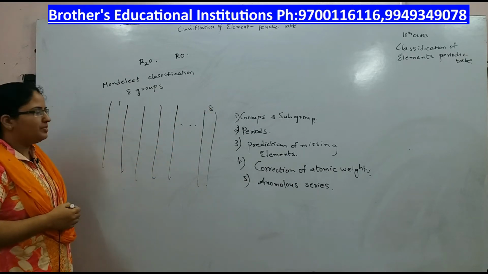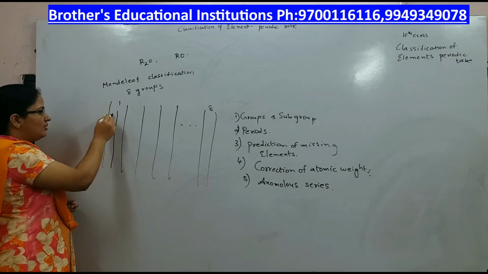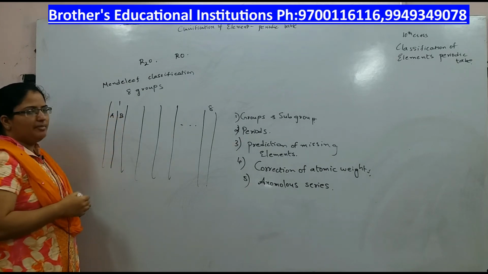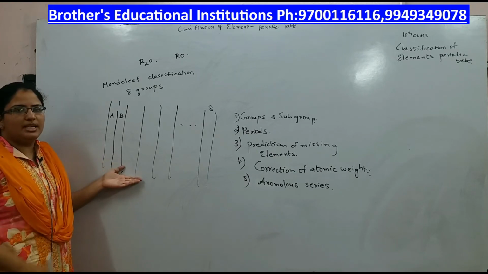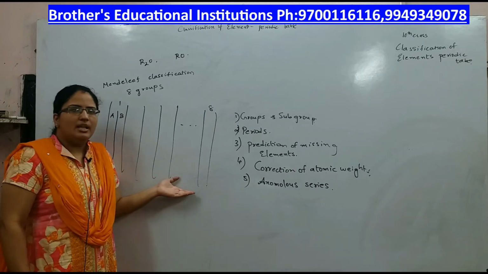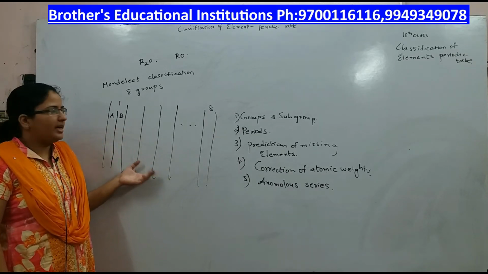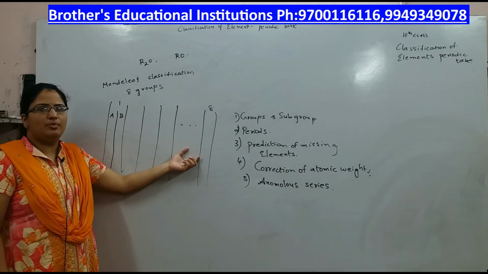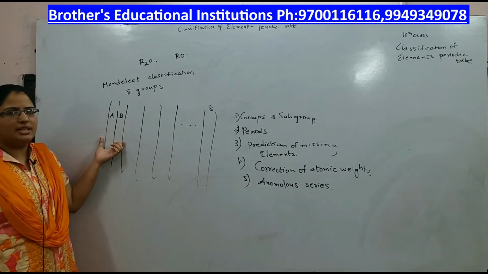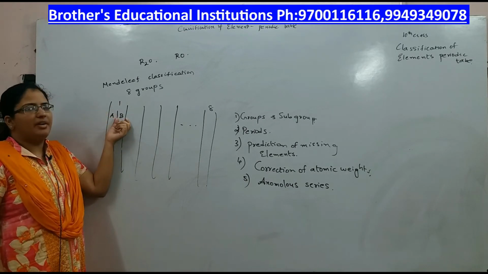Each group is subdivided into 2 more subgroups, A and B. First of all, he arranged the elements in the increasing order of their atomic weight. When he did that, he could divide them into 8 groups, and each group is further subdivided into group A and B, that is group 1A and 1B.